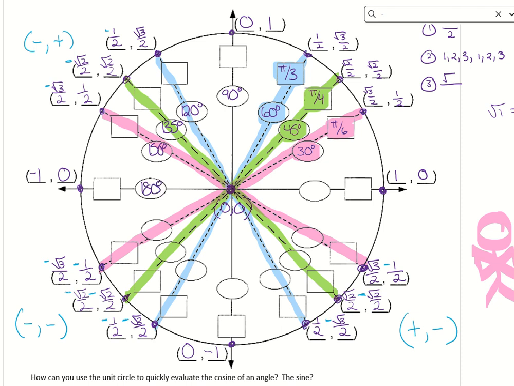And then we'll move on to the last piece. All right, so there is your completely filled in unit circle.